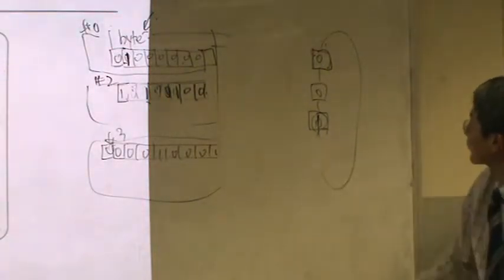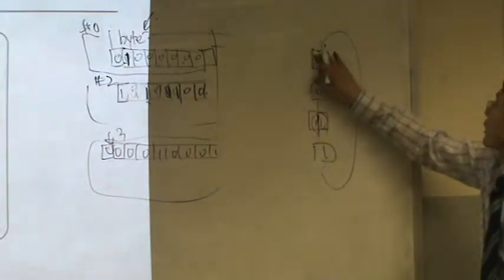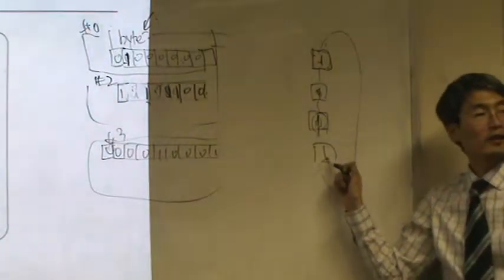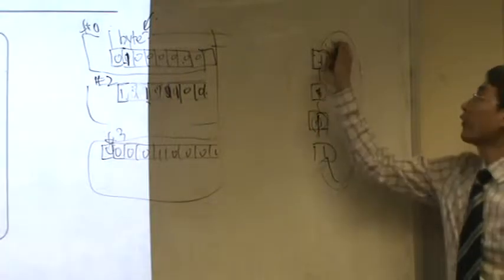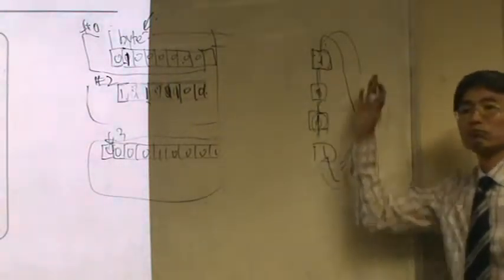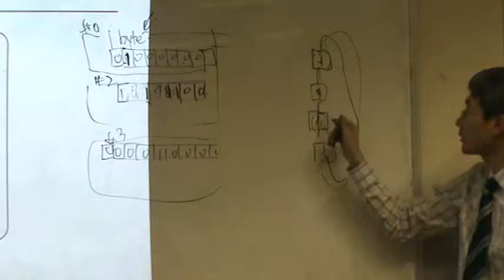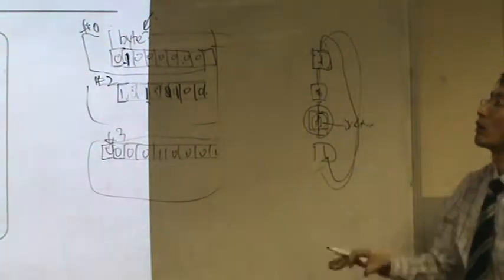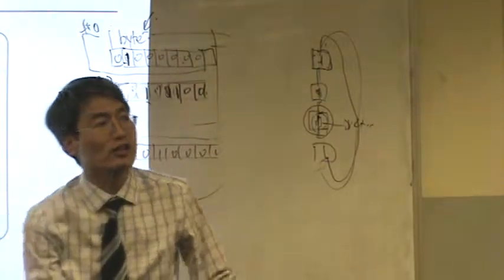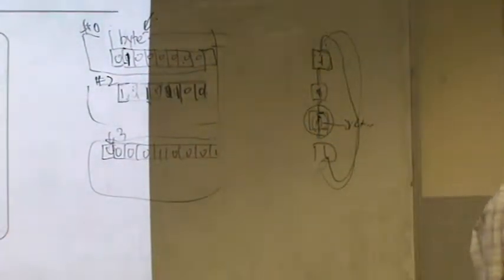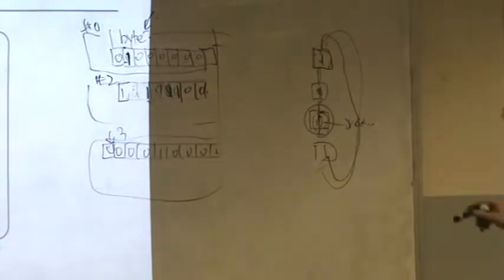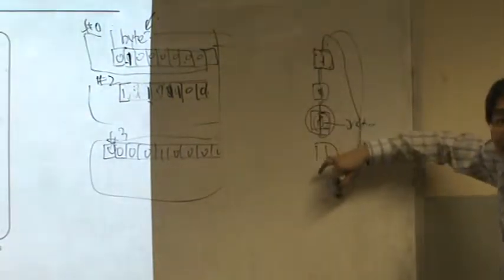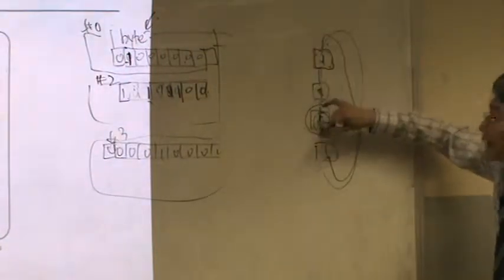What if this one is 1, this one is 1, and this one is 1? Then can you find any 0? After one full circle, you cannot find the victim, so starting over, this one will be the victim. This is called second chance, the LRU approximation algorithm. Second chance means in the worst case, it will check one cycle of the reference bit.